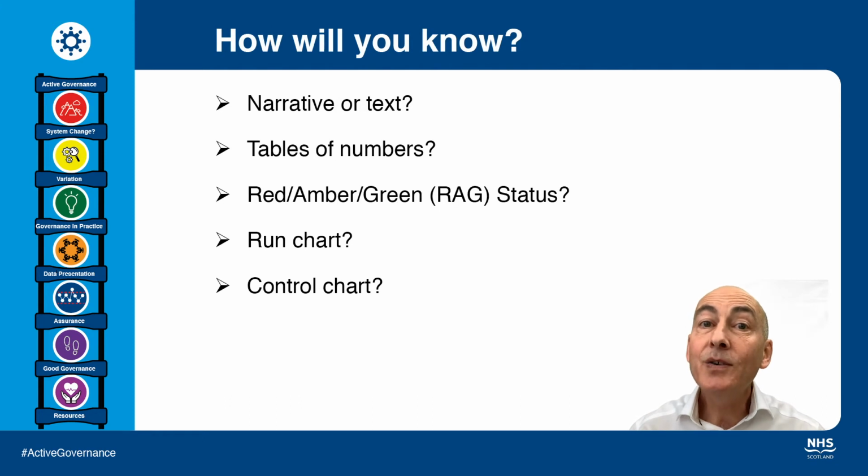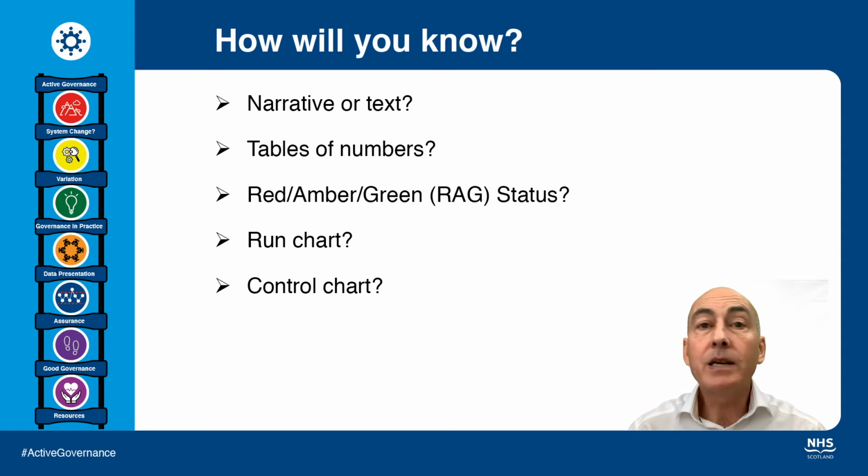So how will you know if your system has changed? What information can you take from the board papers that are going to help you with this? Is it the narrative or the text within the papers? Probably not. Is it tables of numbers? Well, it's actually very difficult to detect change unless it's extremely obvious just from a list of numbers.